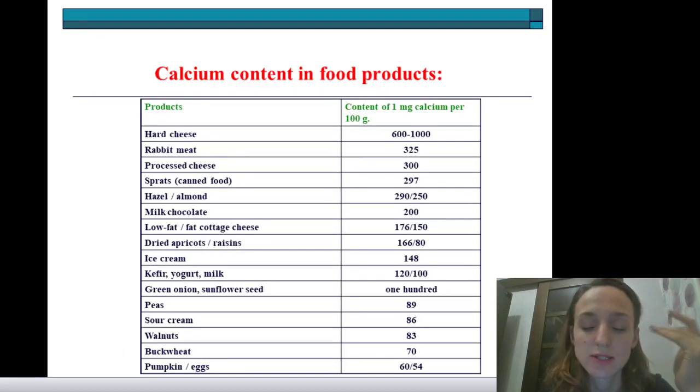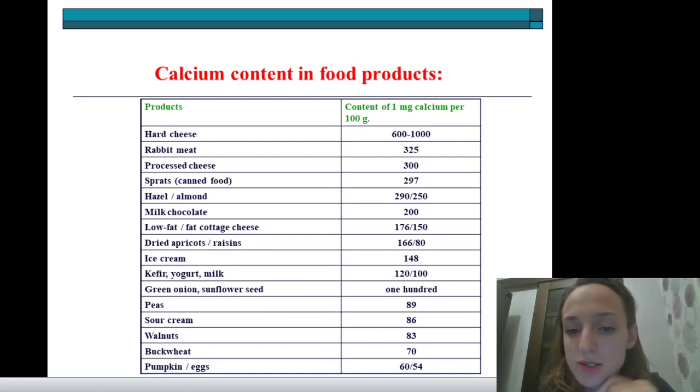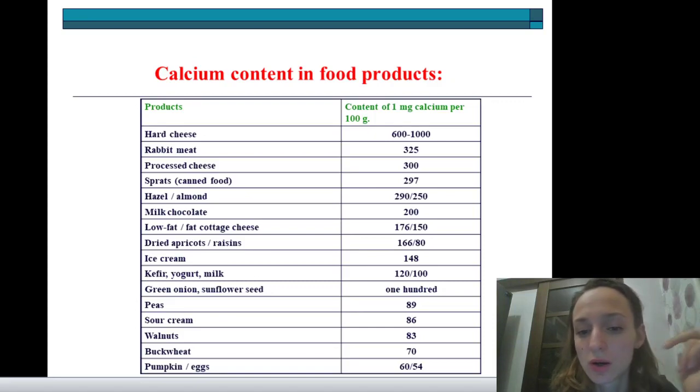So calcium content in food products. Here you can see some products and the content of calcium in milligrams per 100 grams.